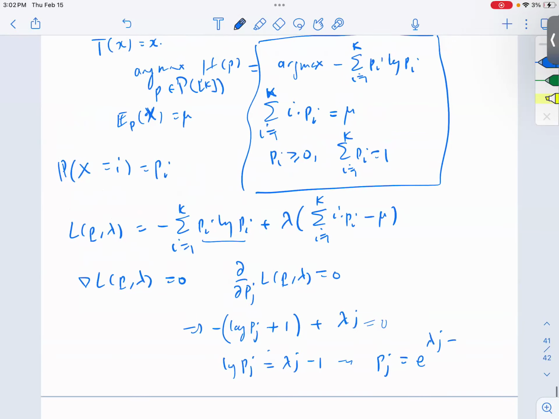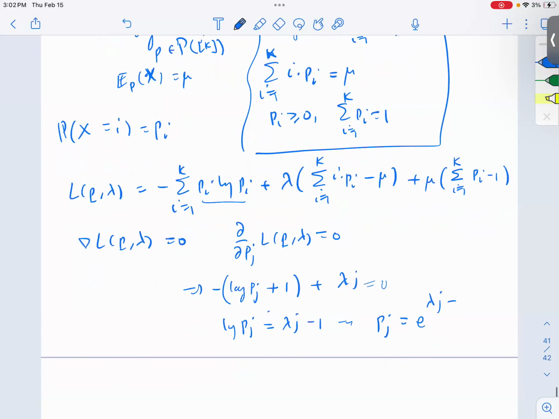But we need another thing, so I'm going to add another multiplier as well. Mu, or nu, is going to be confusing, so let's call them lambda 1 and lambda 2. So if I add this as well, the gradient is 0.